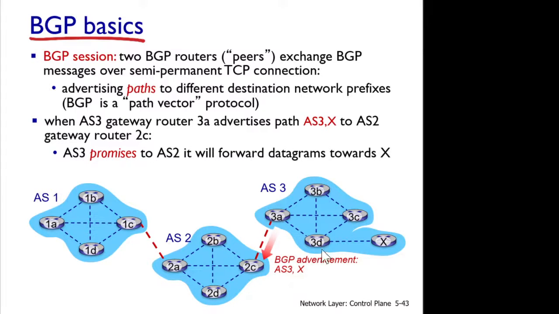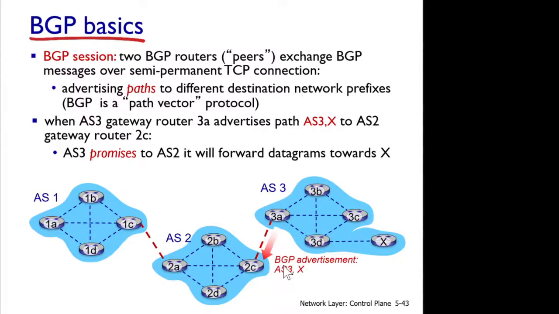Well, first, AS3 has just learned about X as a member of its network, so it now sends out what's known as a BGP advertisement. This, of course, is part of the eBGP protocol. It's known as a vector because it has information in there about the direction. It says, look, if you want to get to X, you do it via AS3, so send it to AS3.